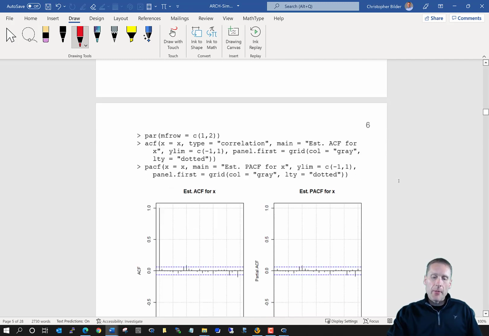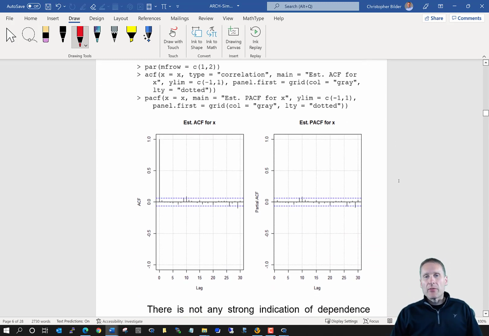So let's do that. So first of all, here's my plot for just x of t itself. And again, we ignore lag 0 there. And what we can see is that pretty much all the autocorrelations, all the partial autocorrelations have small values that are non-significant. Yes, we got some that are really borderline here, but in the end, they're not too far past.